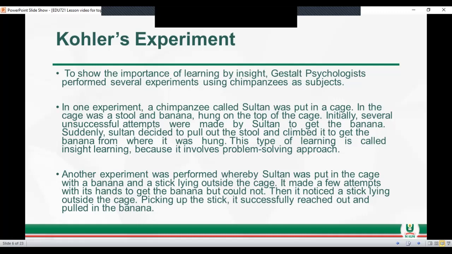This wouldn't have been possible with the mechanical style of conditioning or stimulus response connection. It put in its thinking faculty, and was able to arrive at the solution to the problematic situation.